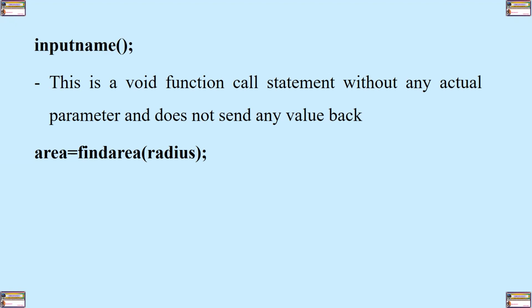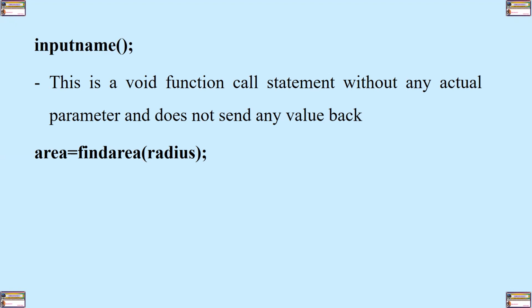So in the receiving function, the function called find area, wherever it is defined, it will have a parameter, regardless of the name of that parameter, but the type of that parameter will have to match with the type of the argument being passed to it.